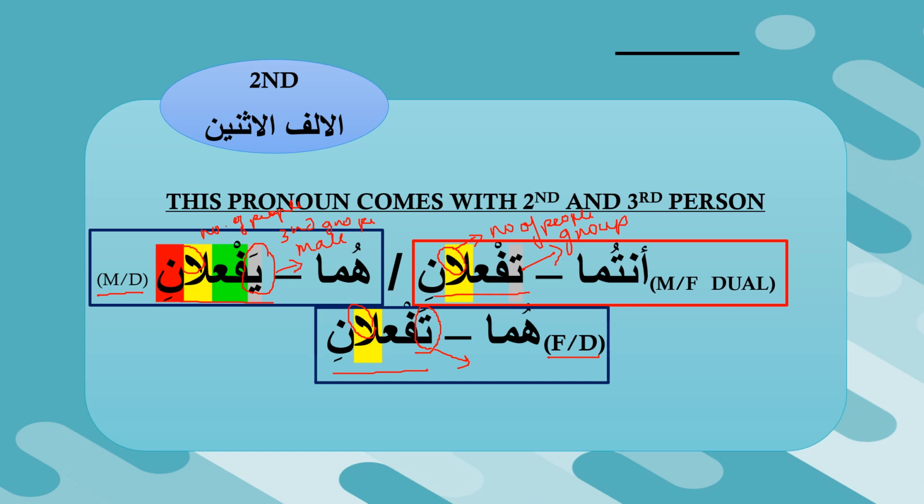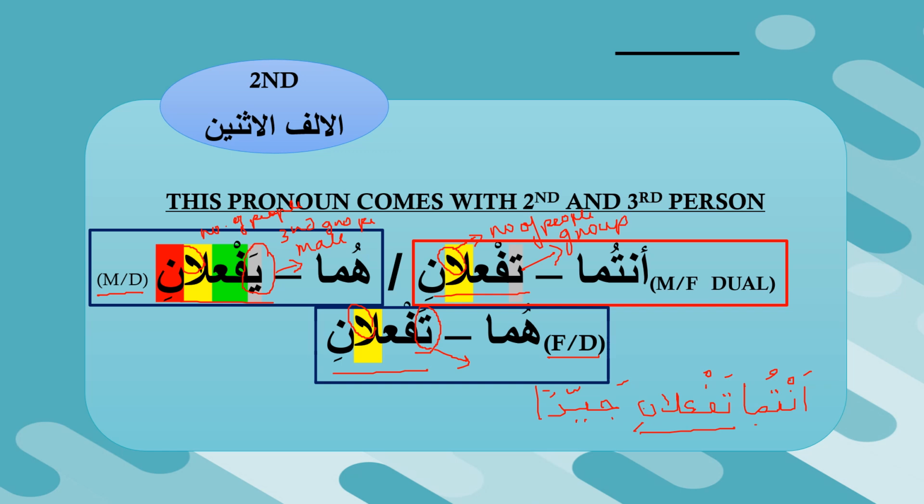So if you have a sentence, for example, if I say antuma taf'alani jayidan. I'm taking the same example, jayidan. Here there is a clue. When taf'alani is used, seeing the verb, you cannot judge whether it's from the ghaib or from the mukhatib.